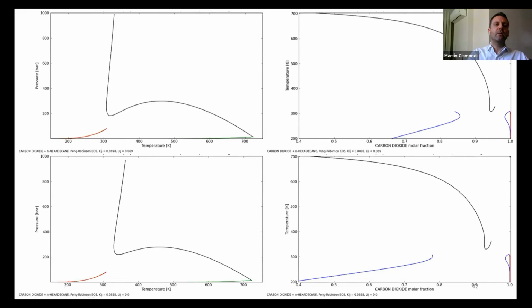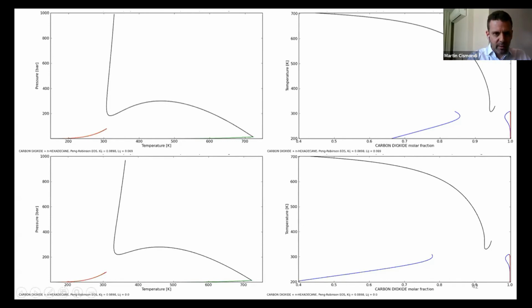It's the binary, but it goes the same way for multi-component fluids. The effects are very similar, but it's easier to show it this way in binary phase diagrams. So we have the diagrams above. These ones are exactly with the parameters that your co-workers at the atoms group adjusted for this case. You can check it in the publication. This is a Kij of 0.0898 and an Lij of 0.069.